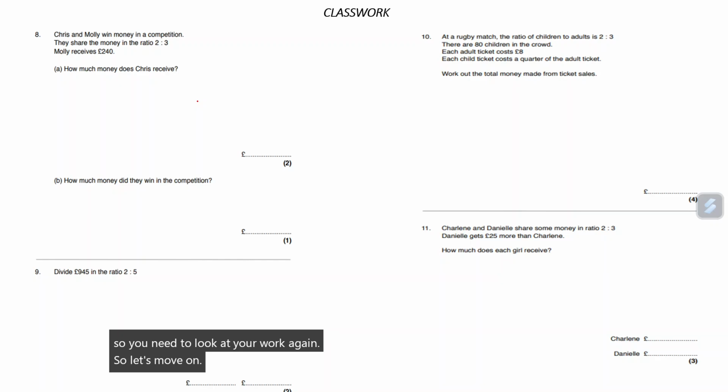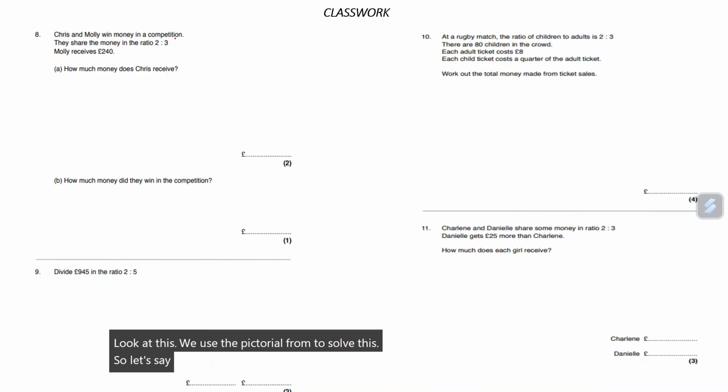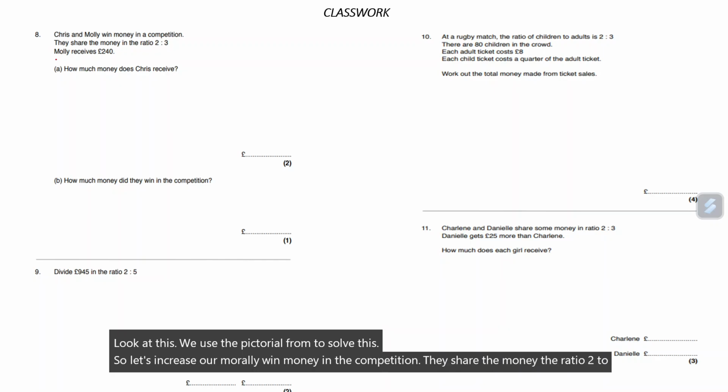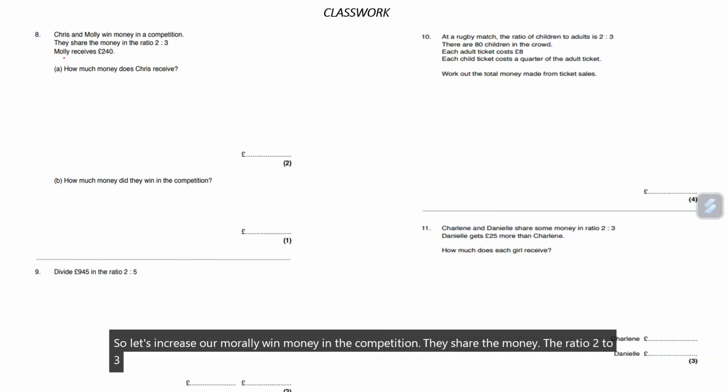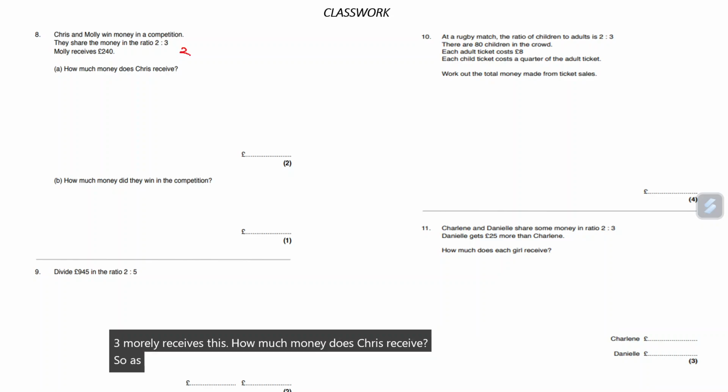We look at this. We'll use the pictorial form to solve this. So we're saying Chris and Molly win money in a competition. They share the money in the ratio 2 to 3. Molly receives 240. How much money does Chris receive? So as usual, the total ratio will be 2 plus 3, that will be 5.